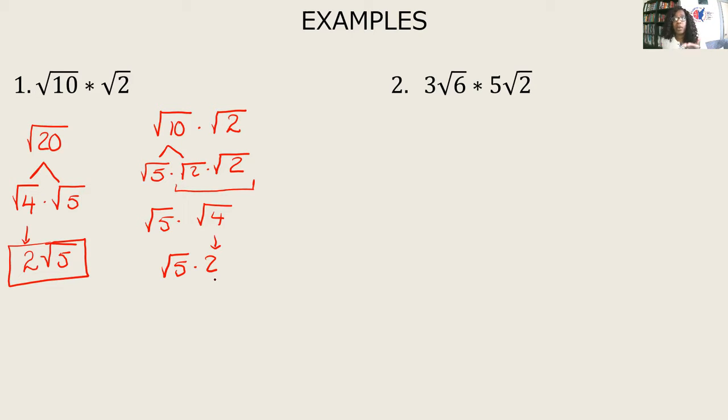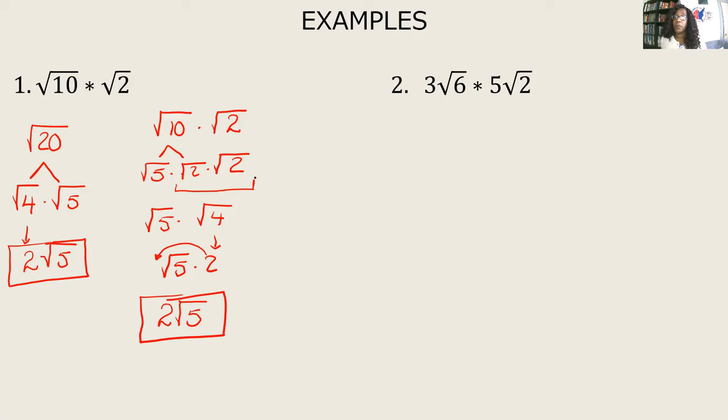It's 2 the square root of 5. So always put the whole number in front or to the left of your radical. So it's actually going to be 2 times the square root of 5. So no matter what, you either can multiply and then simplify, or you can simplify, then multiply.